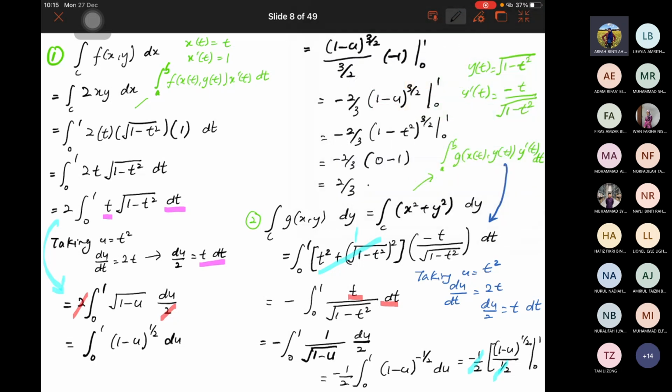So gantikan lah. Gantikan, dapat jawapan sama dengan, this one will become sama dengan 1 tolak t kuasa 2, kuasa 1 per 2, 0 and 1. So dapat jawapan sama dengan negatif 1.